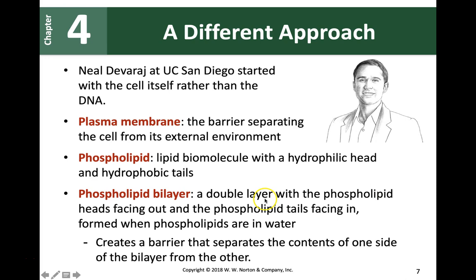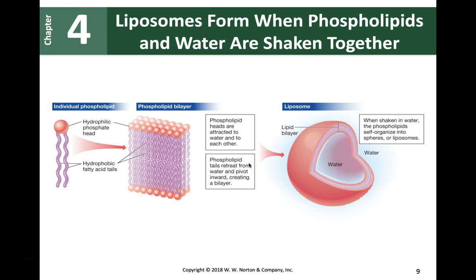A phospholipid is a lipid biomolecule, and it has a hydrophilic head and a hydrophobic tail. Now, what is that supposed to mean? Let's see some more figures here. This right here is one phospholipid. In the phospholipid, you can see there's this head on top. Let me activate the pen.